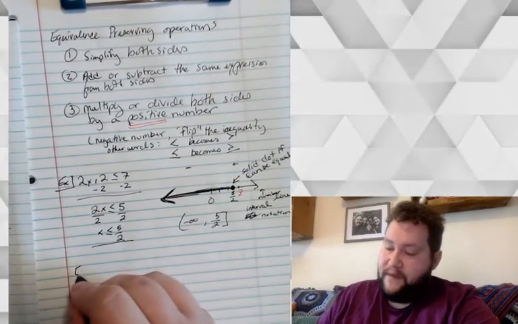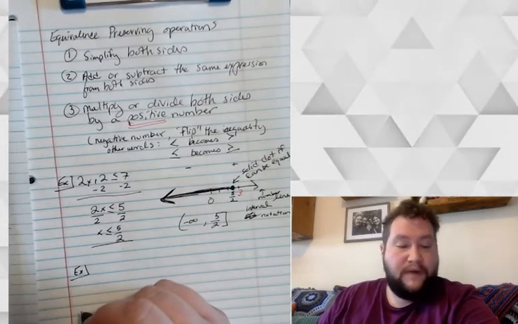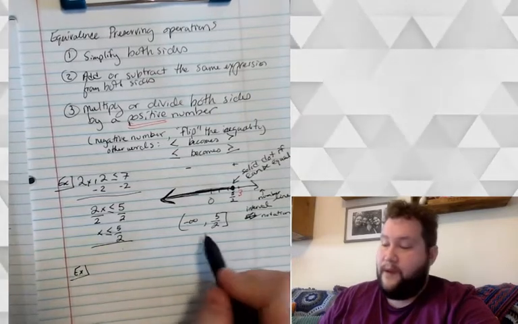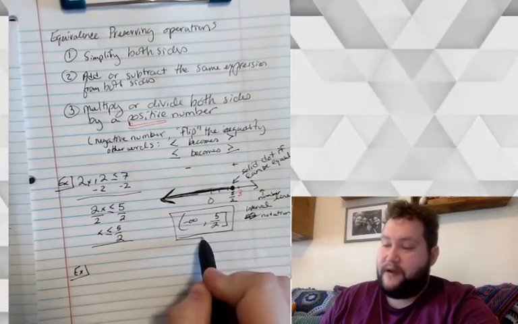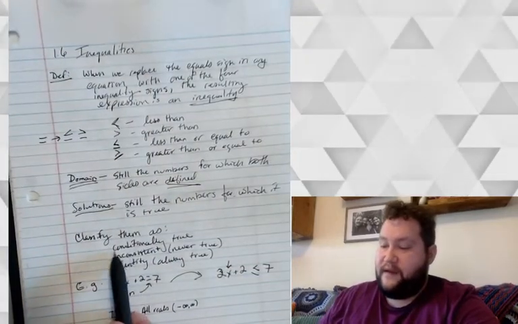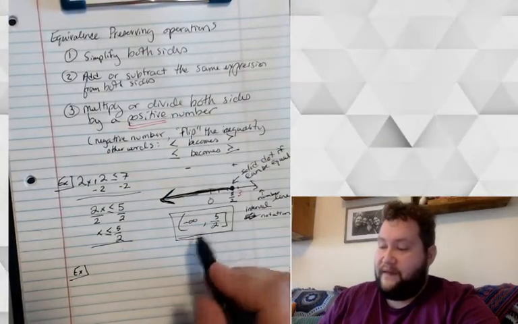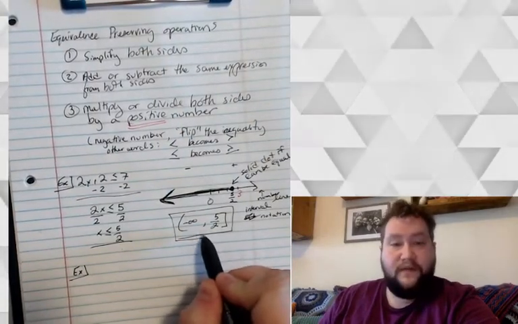So suppose we have another example. But I want to point something out. We were able to come to a solution here. And remember on my previous page I said we can still classify them as conditionally true, inconsistent, or identity. Well, as long as x is in this interval, it's true.